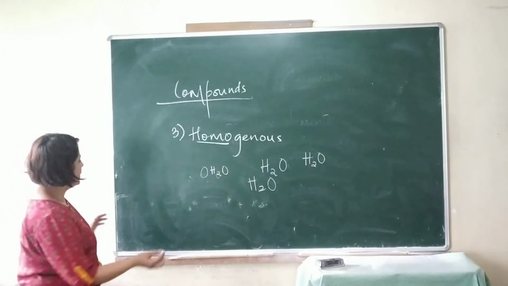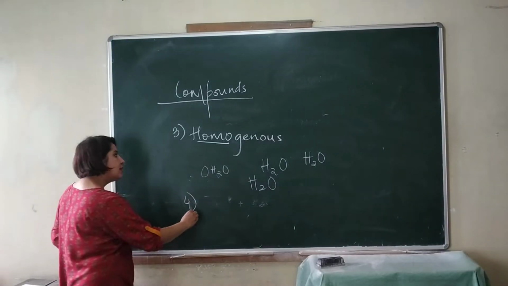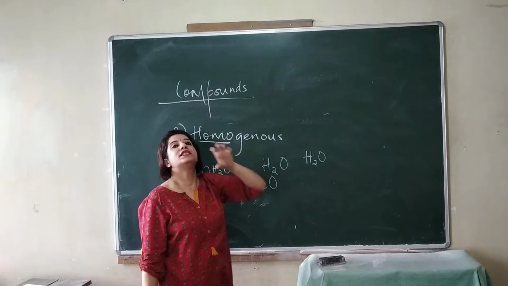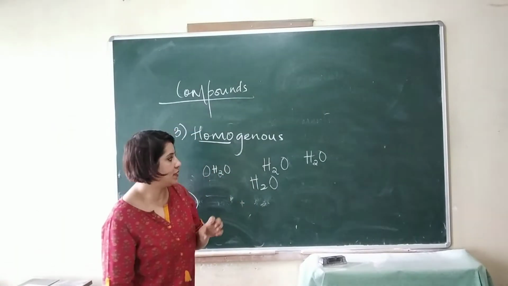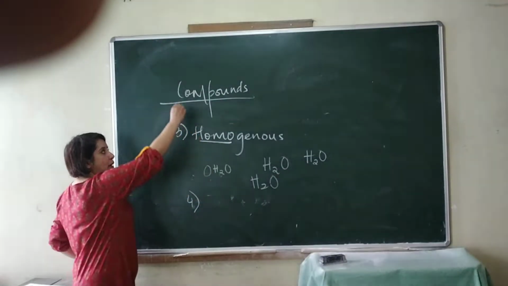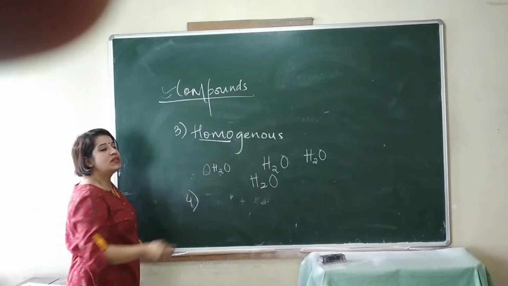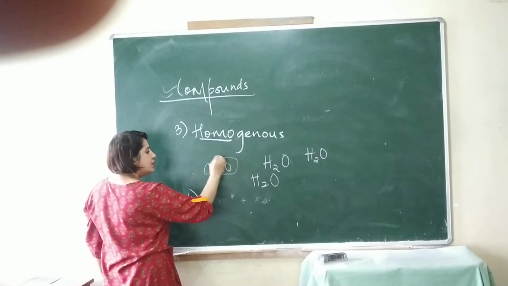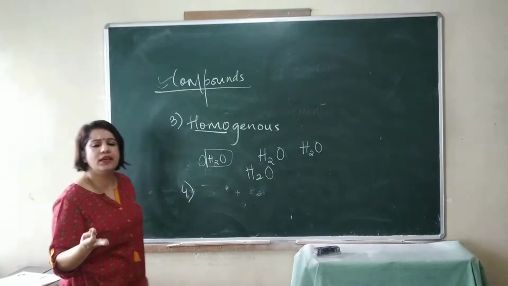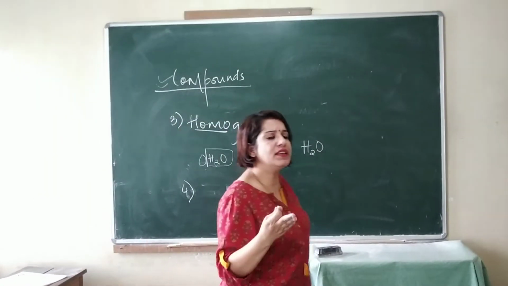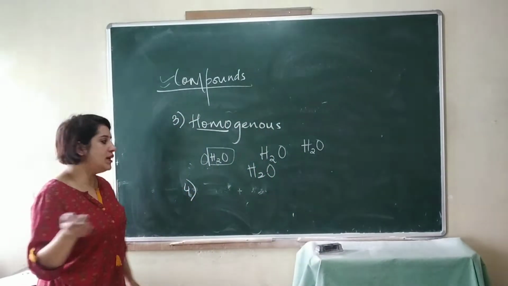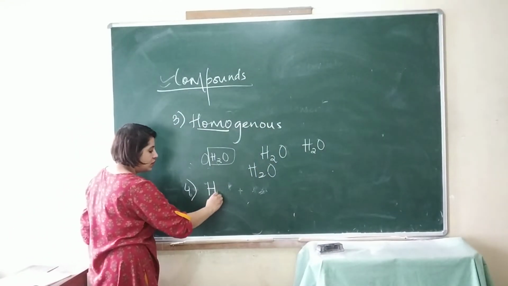Then the next one is, the characteristics of a compound are different from its elements. Now what does this mean? For example, I'll take water, because that is the easiest example to explain.